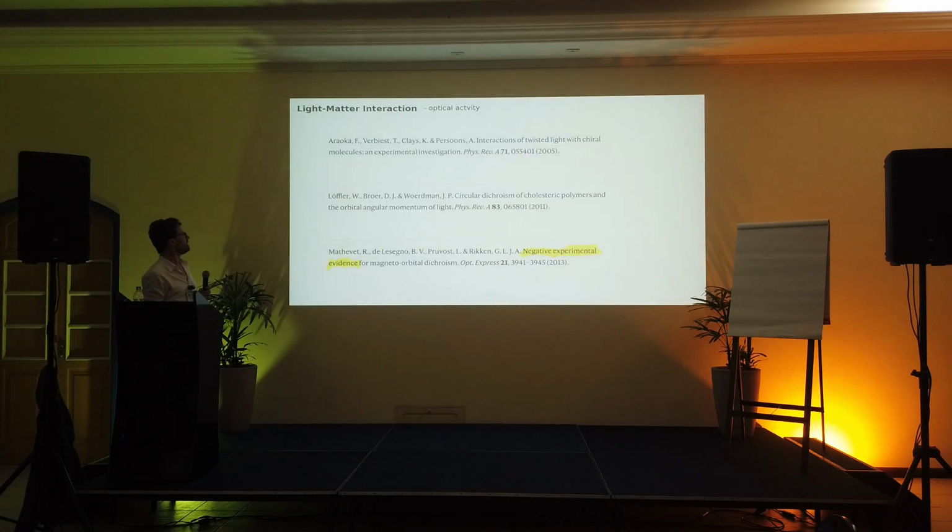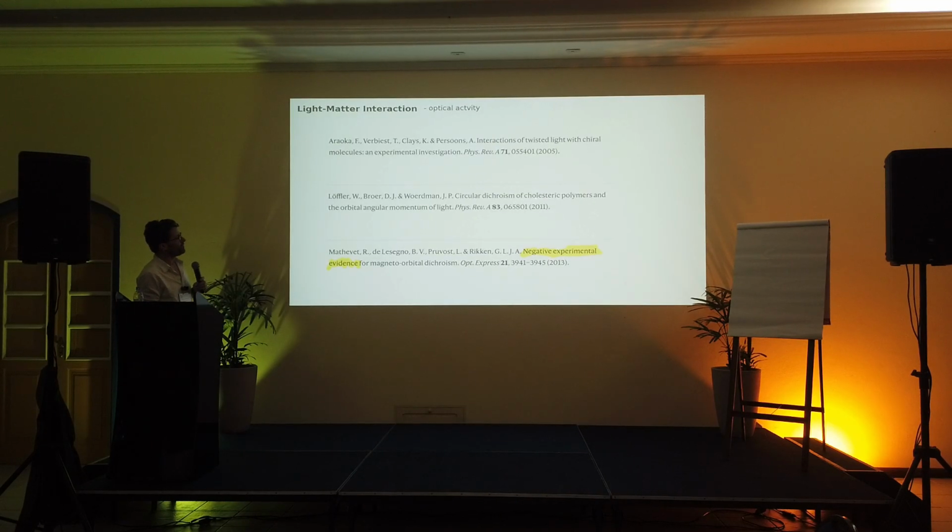Okay, there you go. These were 3 papers, some of them had titles that were suggestive of the negative results, and some of them not. So this one said, "Interactions of twisted light with chiral molecules: an experimental investigation with negative results." So basically nothing, but elegantly put.